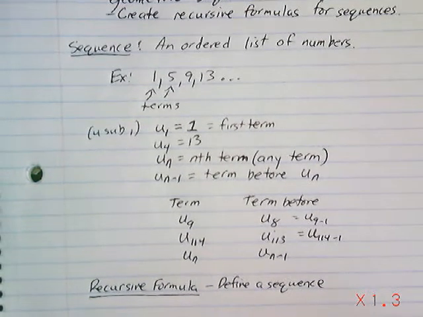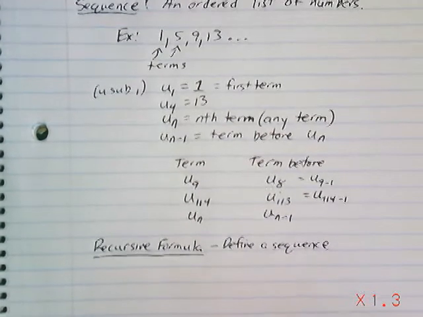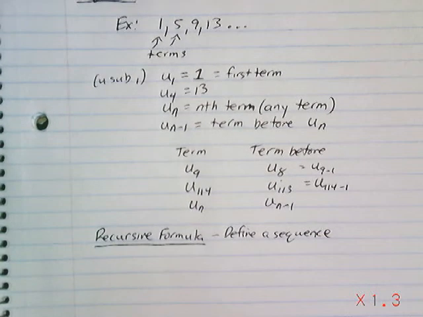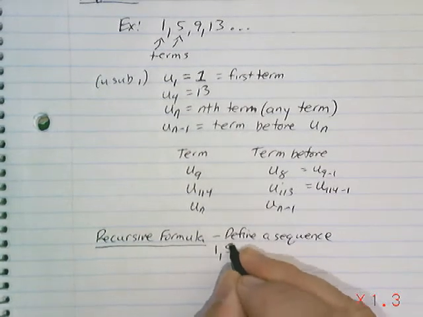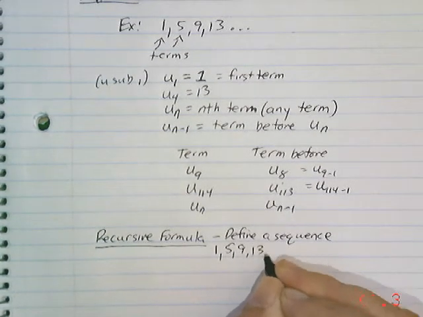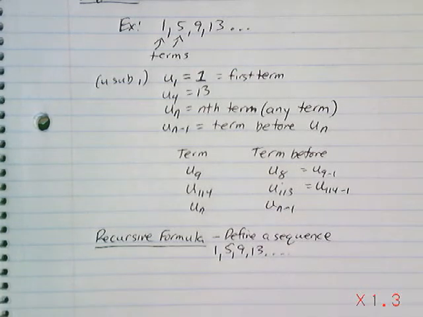So there's two parts. So for our example, we need to identify what our first term is. We always need to identify our first term. In our example, U sub 1 is 1.